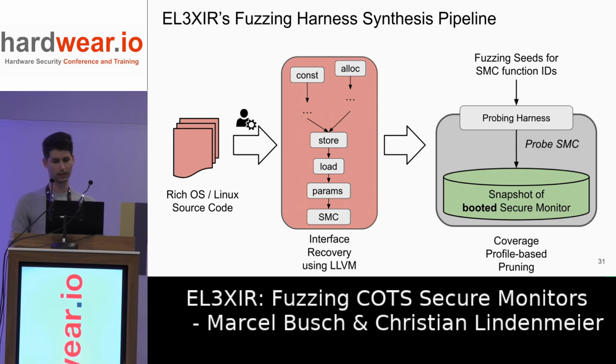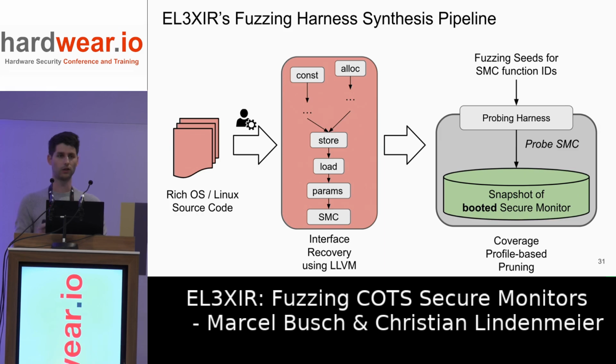And in the third step, we take all these candidates that can be function signatures, and we probe them against our snapshot. The basic intuition here is that all function signatures that lead to the same runtime service will have a unique coverage profile in the end.